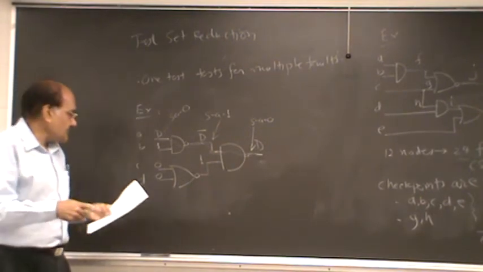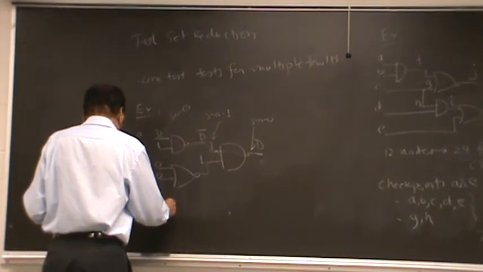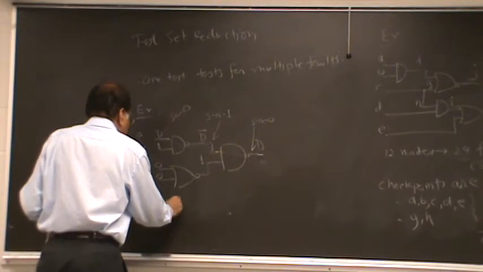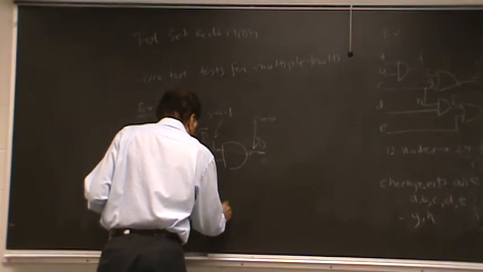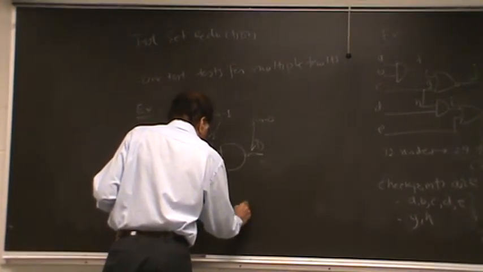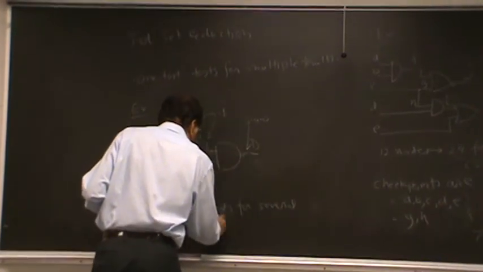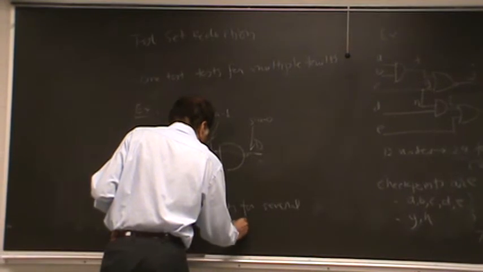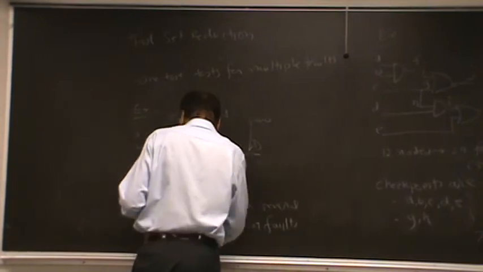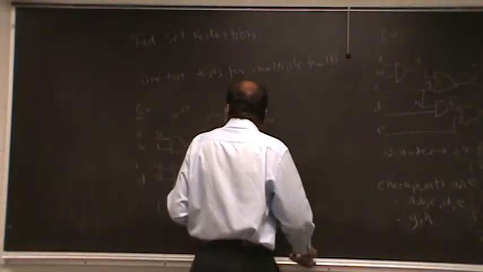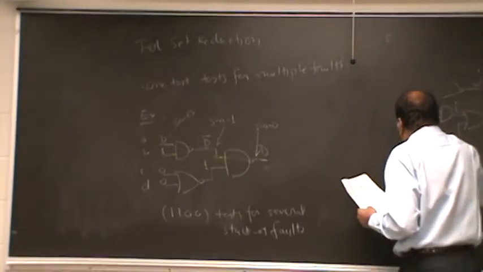So here, the vector 1100 tests for several stuck at faults. This observation we can use for test generation.